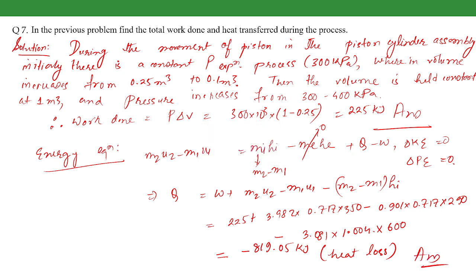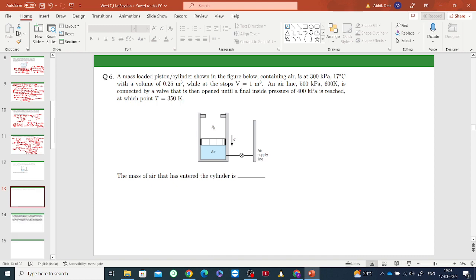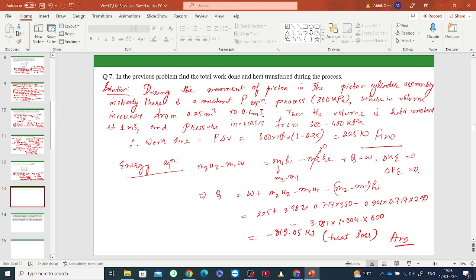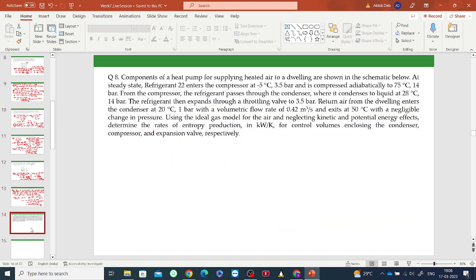I hope it is clear to everybody. If it is clear, then we will be moving on to problems in which we will be using the concepts of enthalpy and entropy for the components of a cycle. Let me know if there is any doubt, otherwise we will move on to the next problem.